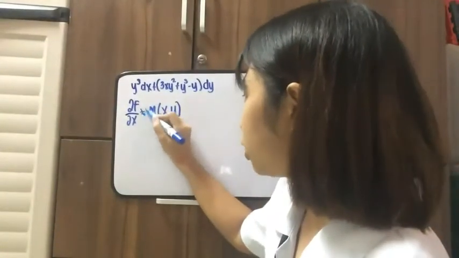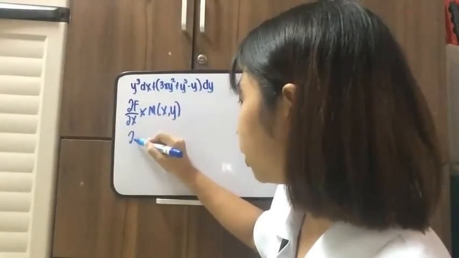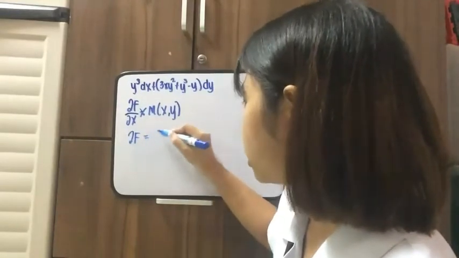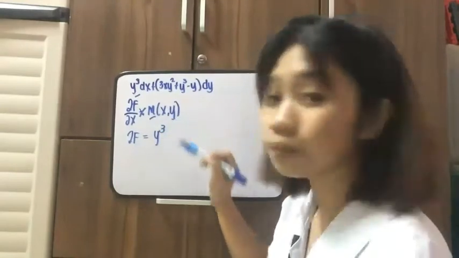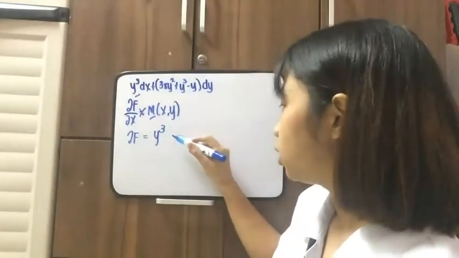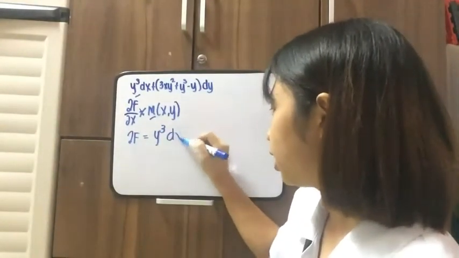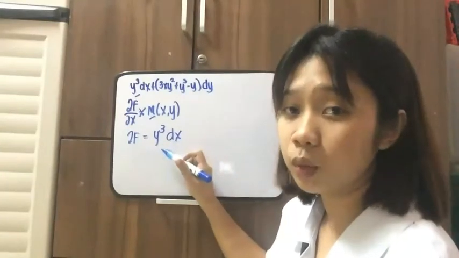So, cross multiply, we have partial derivative of f equals, our M is y cubed, and then dx. Now, we are going to integrate both sides.